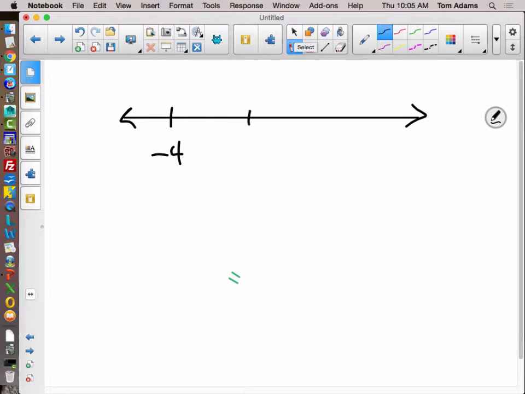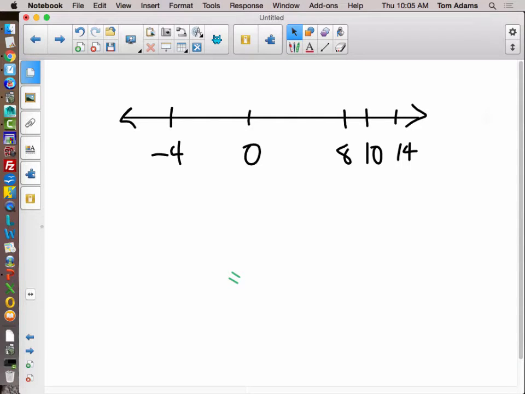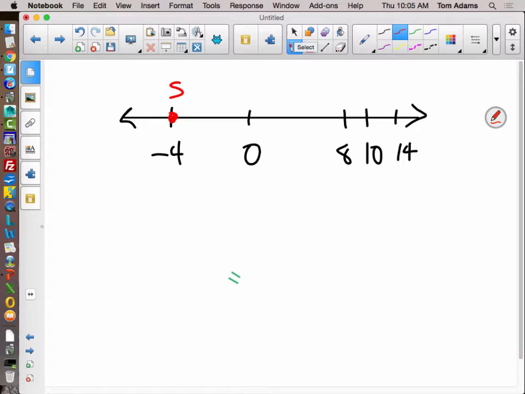A little bit further down, we have 0. A little bit further down, we have 8. And this isn't drawn to scale. And then we have 10. And then we have 14. And as I said, I'm not drawing it to scale. This point right here is S. This point right here is T. This is U. And this is V.